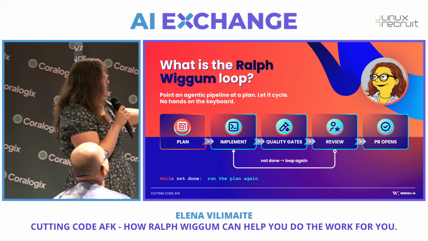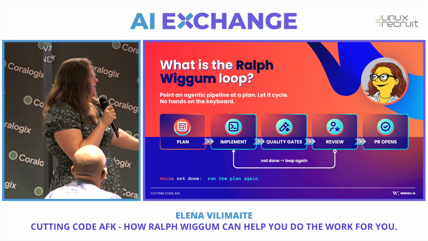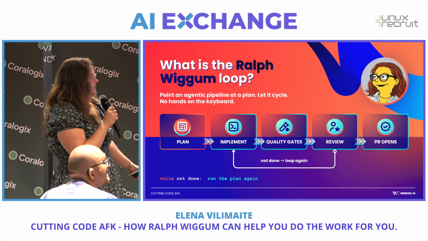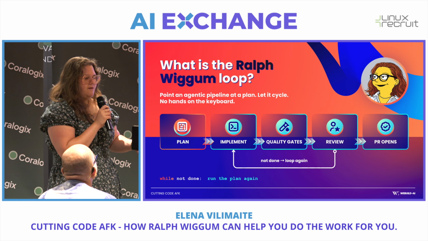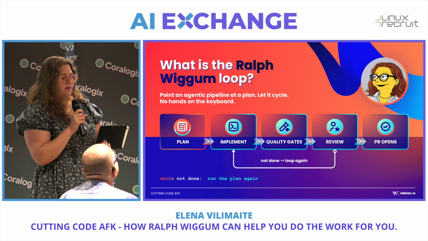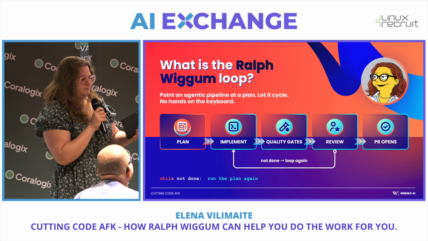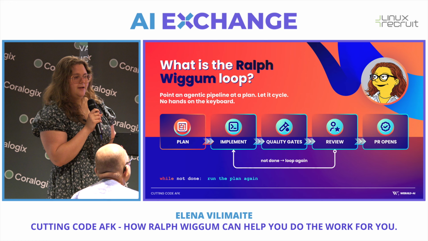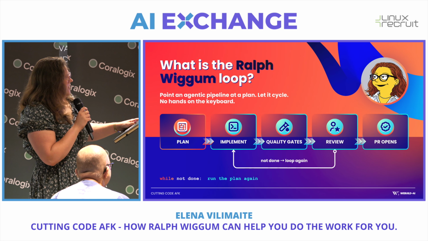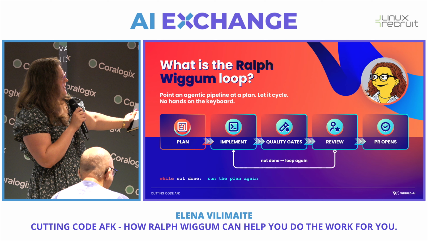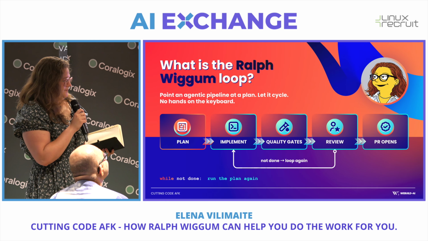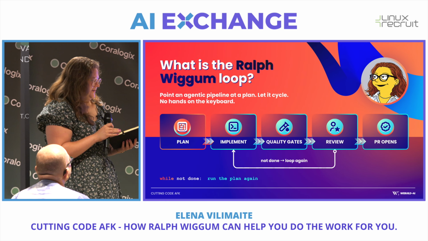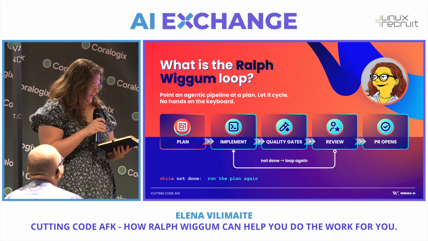You basically give it a plan, it implements it, you define some quality gates, it checks against them, it reviews the work that it's done. If any of the acceptance criteria hasn't been met, it didn't implement anything fully, it just goes back and tries again until it's done. So yeah, that's how it runs.